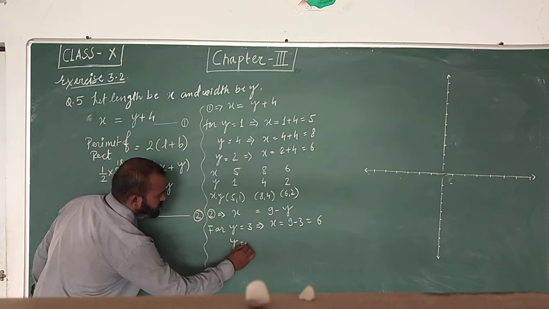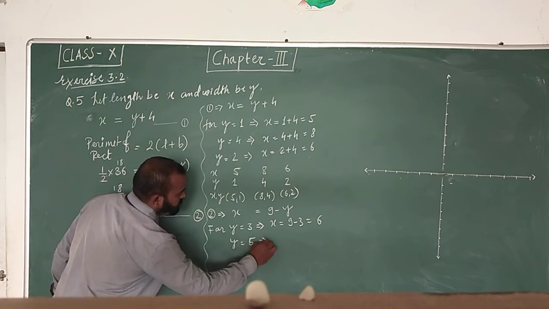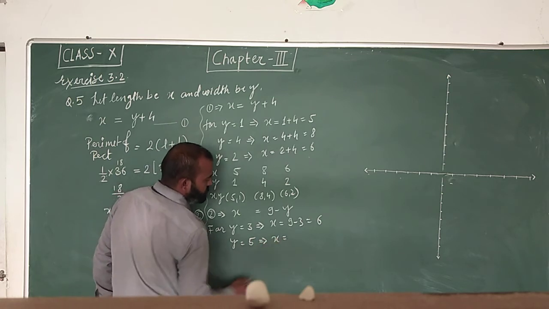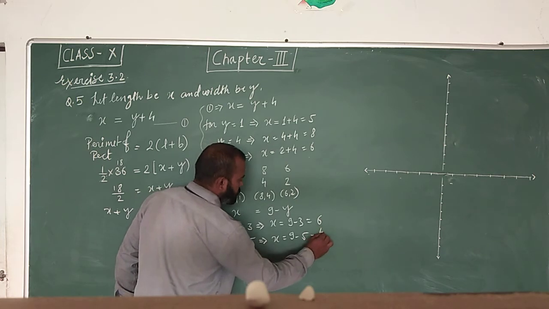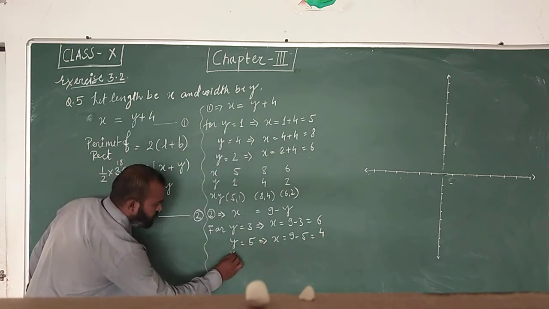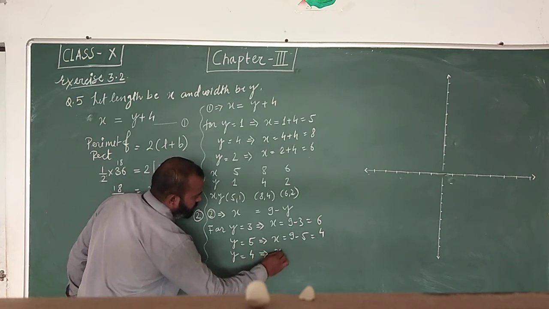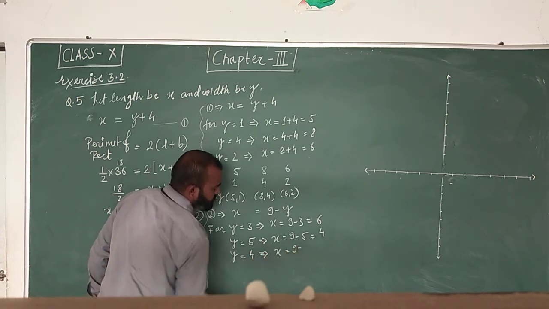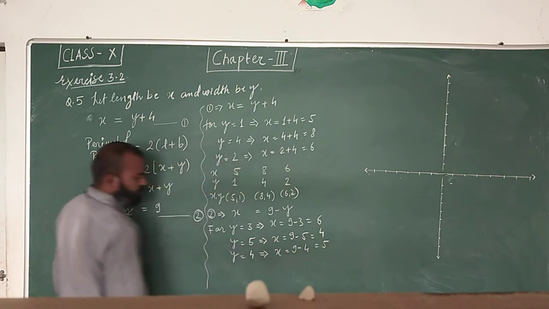For y is equals to 5, what will come? X is equals to 9 minus 5, that is equals to 4. For y is equals to 4, what you will get? X is equals to 9 minus 4, that is equals to 5.